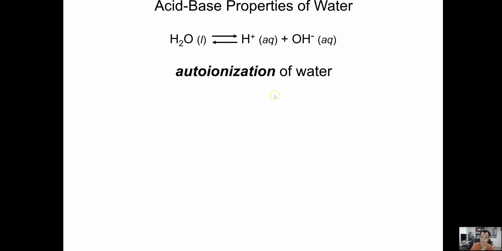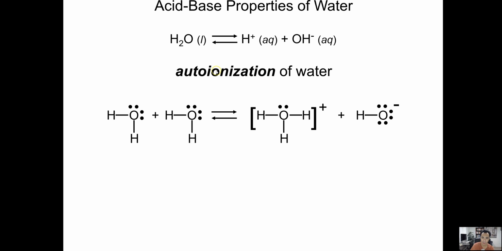The reason why water is used as a main solvent is that it tends to react really well with a lot of different chemicals and compounds. The autoionization of water refers to the idea that if you have an H2O molecule, you're going to end up losing one of those H's to a hydroxide.